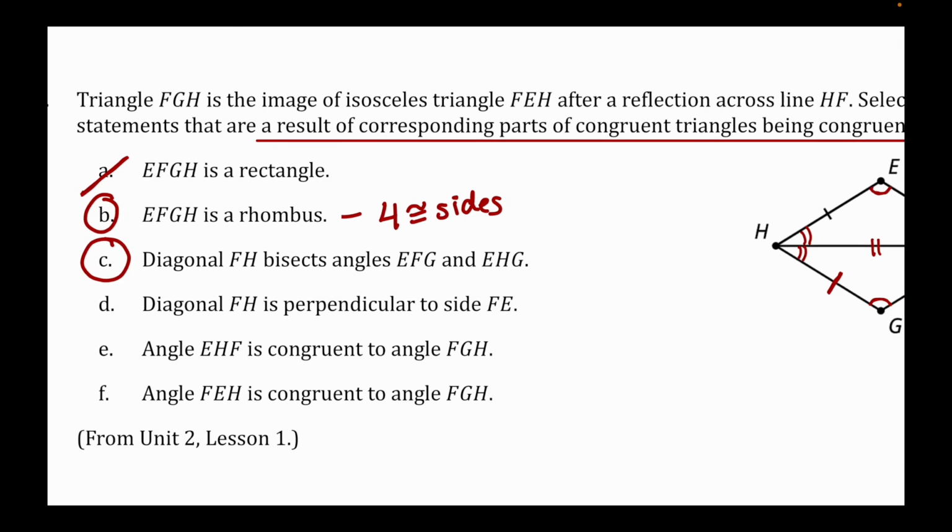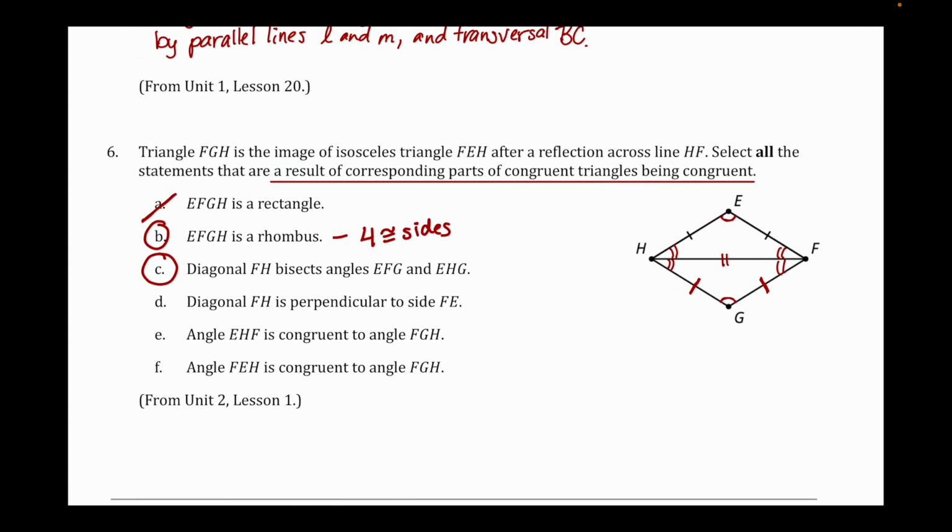D says diagonal FH is perpendicular to FE. There's nothing that actually tells us those 2 pieces need to be perpendicular, so nope. Angle EHF is congruent to angle FGH.